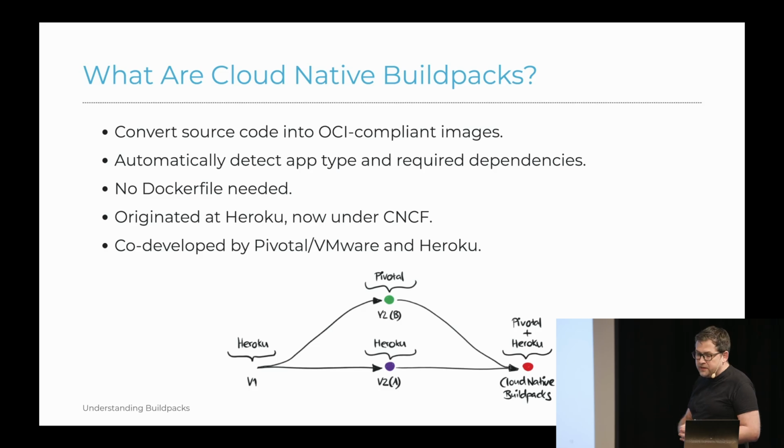And everything converged at the end, because Pivotal at that time, now VMware/Broadcom, joined forces by specifying buildpacks. Now everything is basically a specification, and many companies also support this kind of tooling.